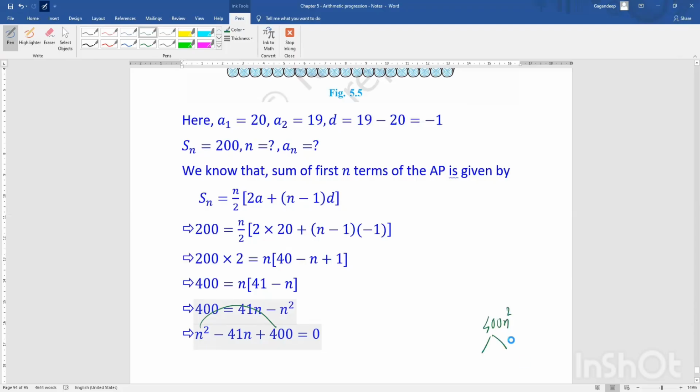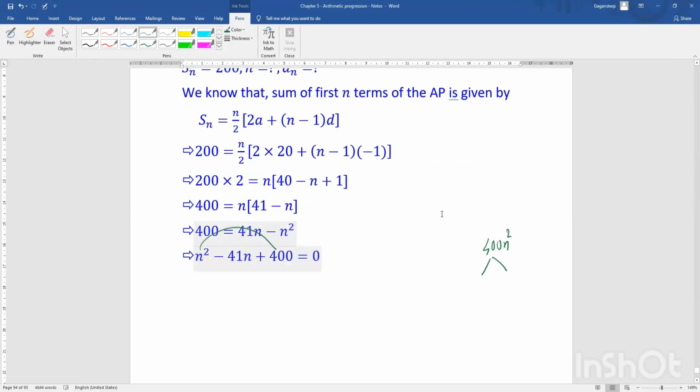I split it: 20 into 20, and this 20 and 20 can again be split into 5 into 4, and here also 4 into 5. Okay, same thing.